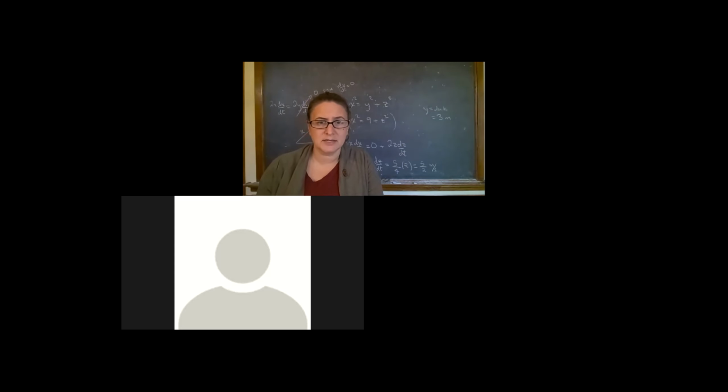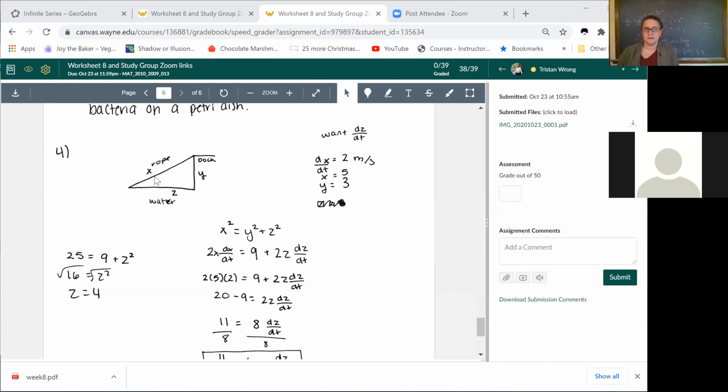One more thing I had to say about this. It's okay here because everything is moving in the same direction. So it works out one way or the other. And they asked you for speed anyway. They didn't ask you for any kind of direction or velocity or anything like that. But for some of the problems, it matters whether the parameter is getting bigger or getting smaller, right? Here, as we pull in our rope, both the distance on the rope is getting smaller and the distance from the boat to the dock is getting smaller.